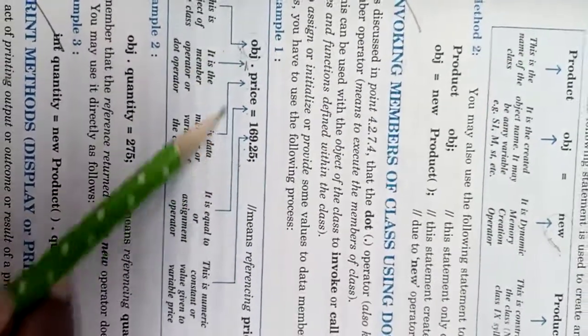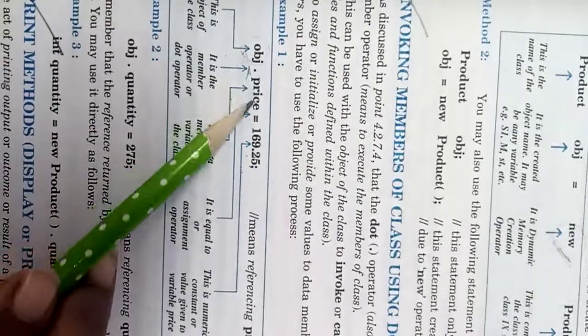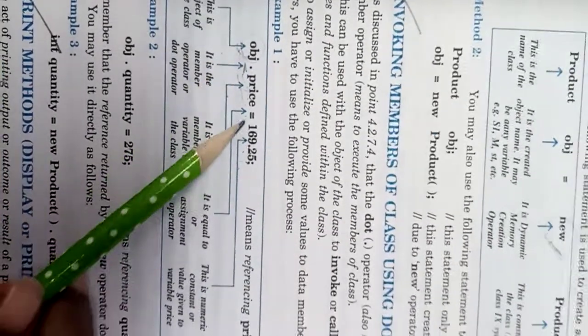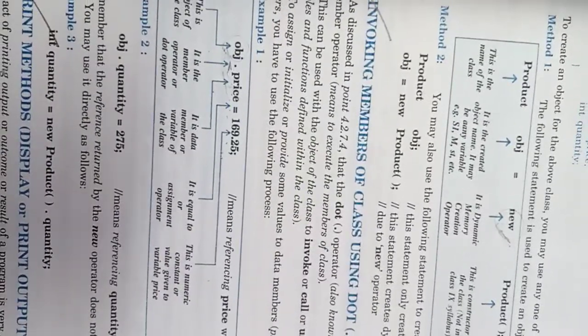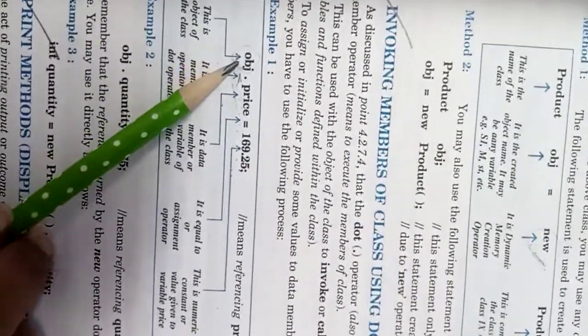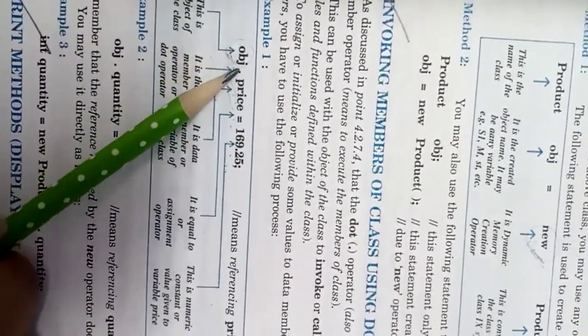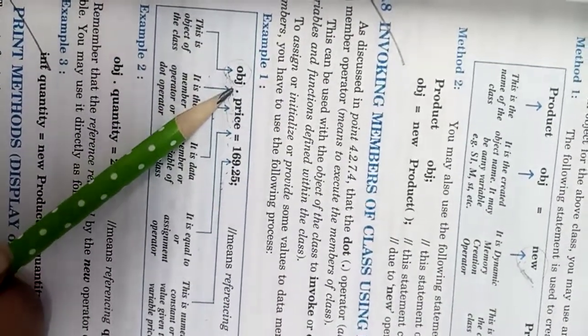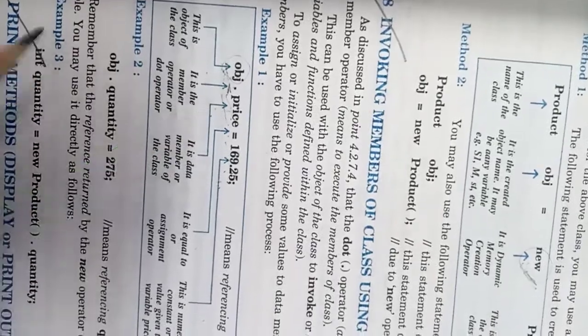This statement will initialize the price variable of the class with this value, means referencing price to obj. This is the object of the class, dot is the operator, and this is the data member or variable of the class.